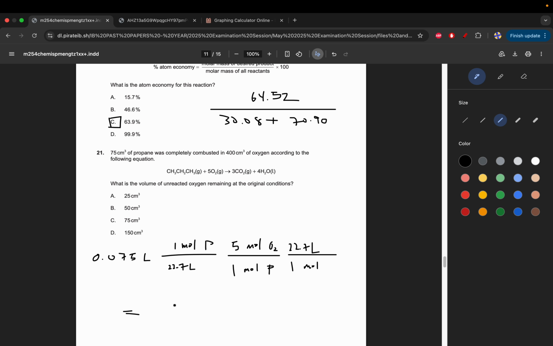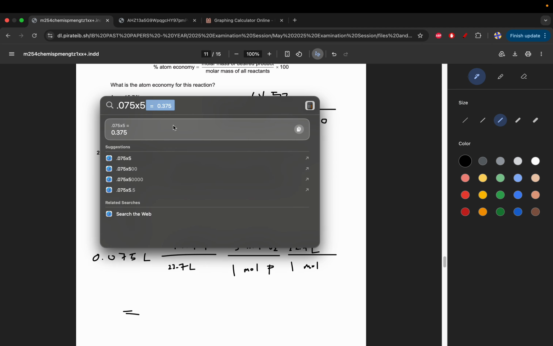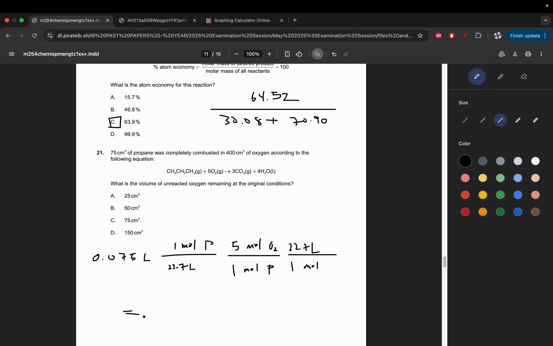And if we convert this out, it's really just going to be 0.075 multiplied by 5, which is going to be 0.375. Right, so 0.375. And so the amount remaining is just the difference between these two, and that's going to be 25.